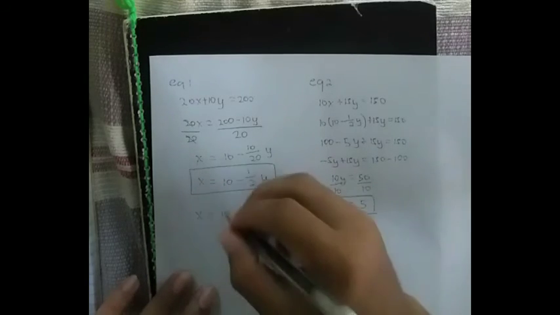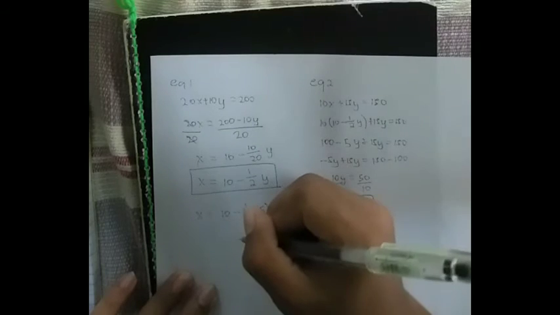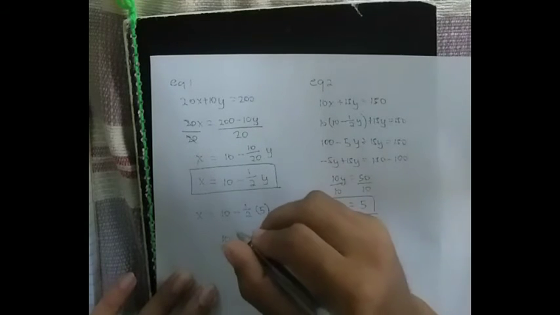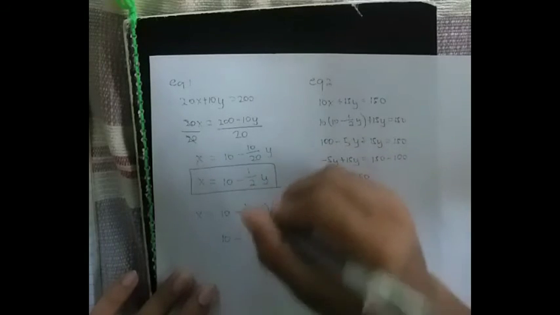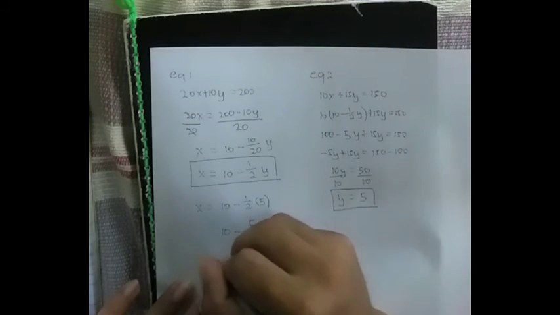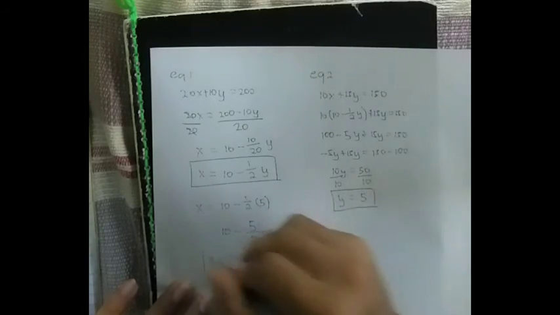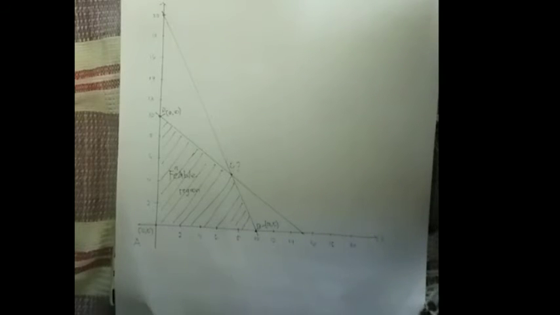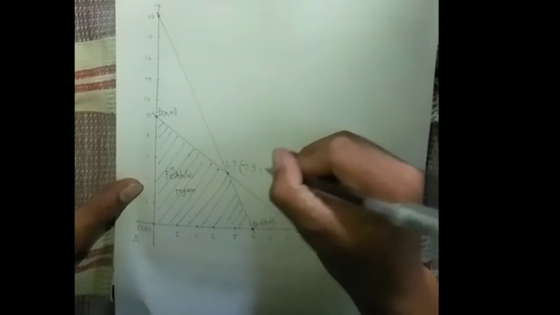So 10 minus 5 times 1 is 5 over 2. So x is equal to 7.5. So the value of our C is 7.5 and 5.